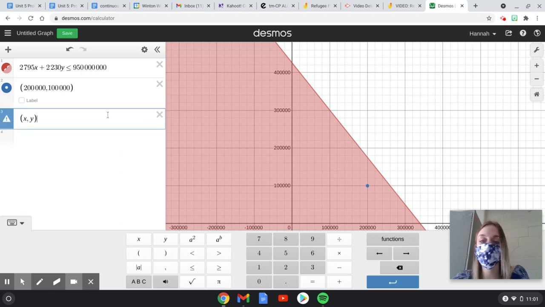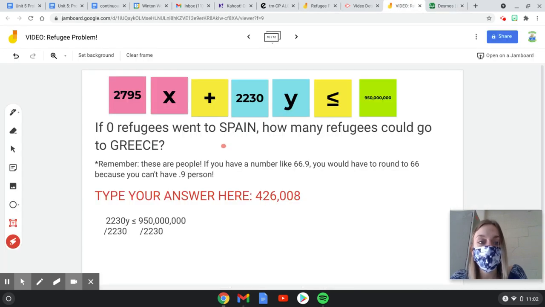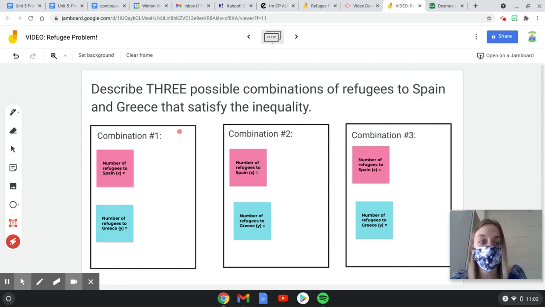This is just a reminder, but whenever we have an ordered pair like this, x comes first, y comes second. So 200,000 is my x value, 100,000 is my y value. So literally, when I go back to slide 12, it's asking me to put the number of refugees, which is the X number, that are going to Spain in this pink note.